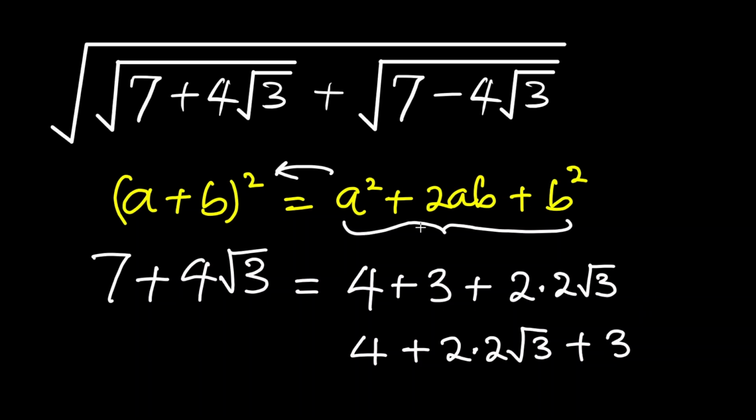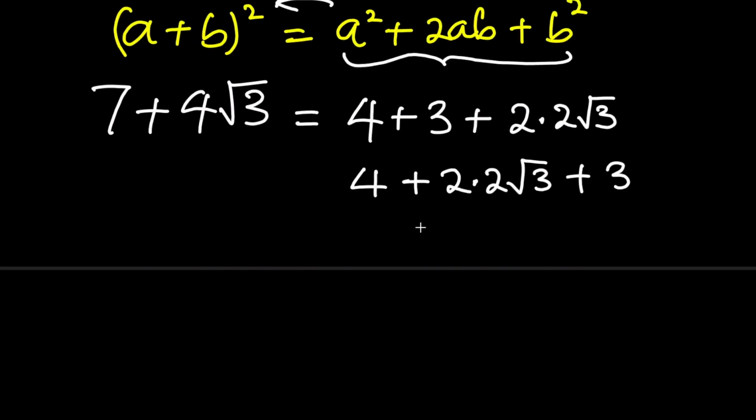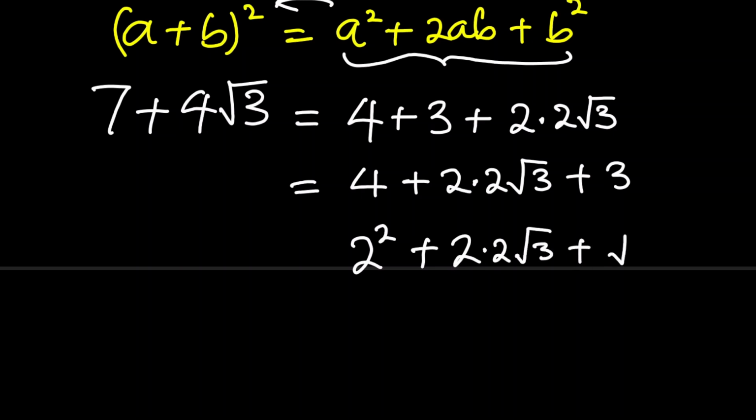The next thing we are going to do is write this as a square following this format. So we have 2 square plus 2 times, in this case a is 2, times root 3, plus root 3 all square.